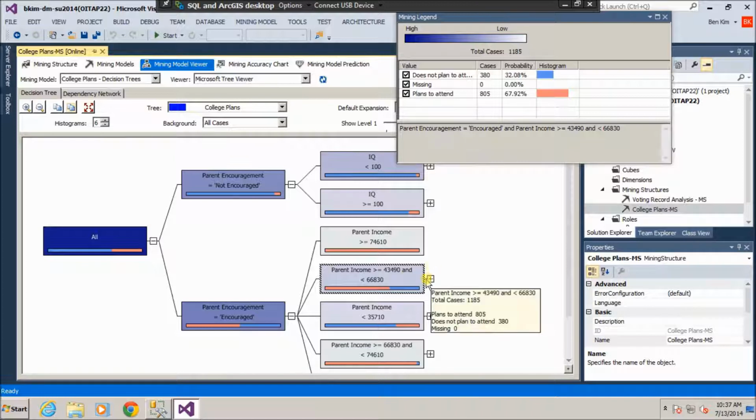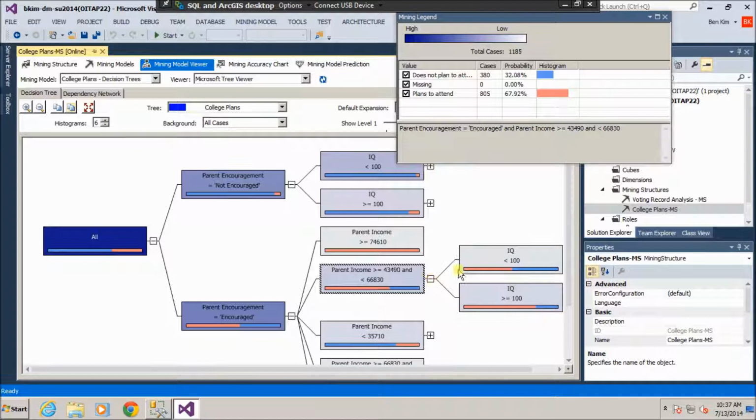Or you can create other branches of the tree. If IQ is less than 100 or greater than 100, then you can see 75% of people are planning to go to college.